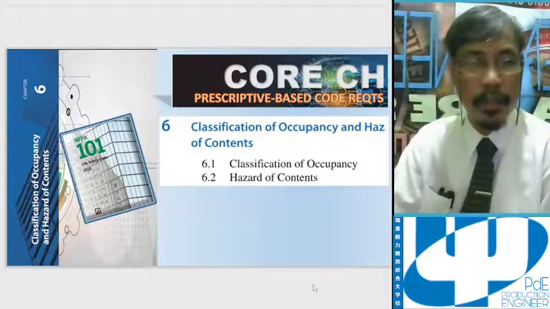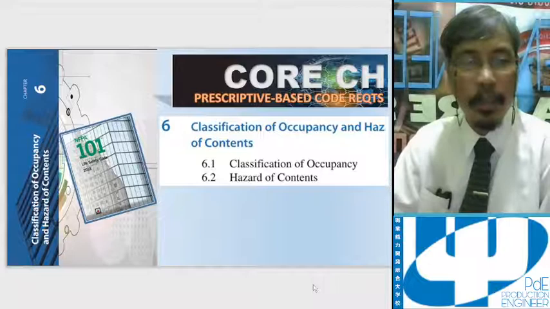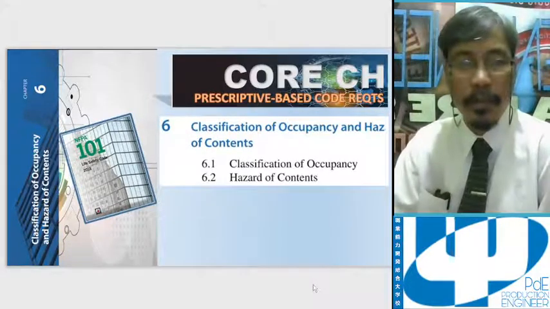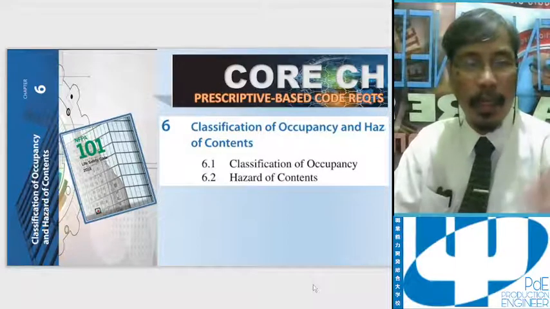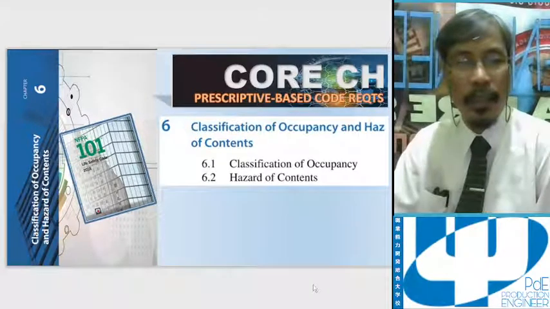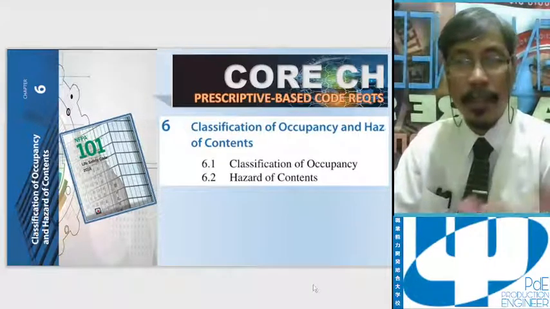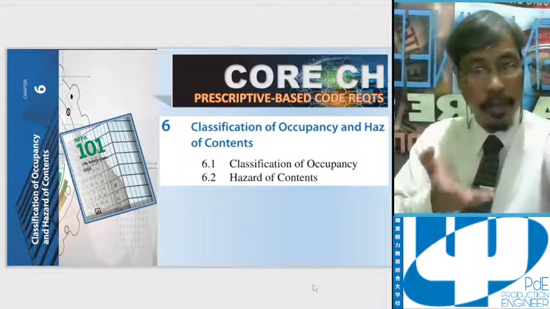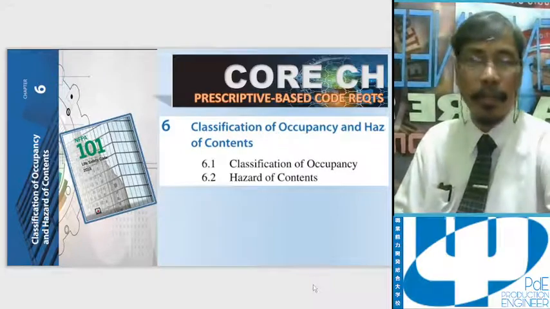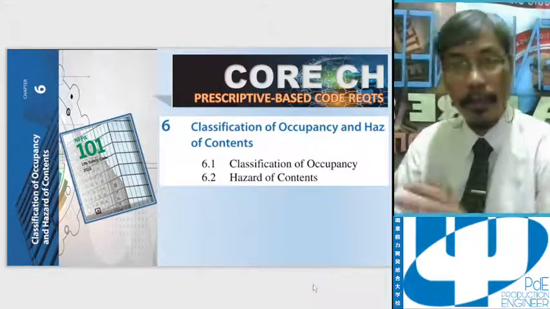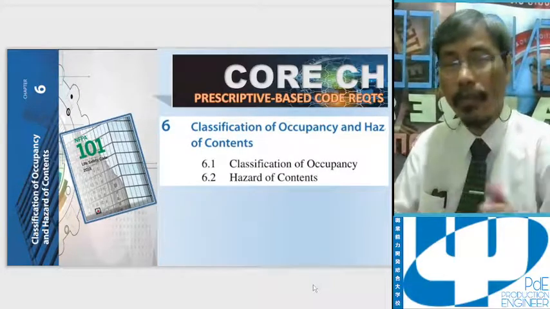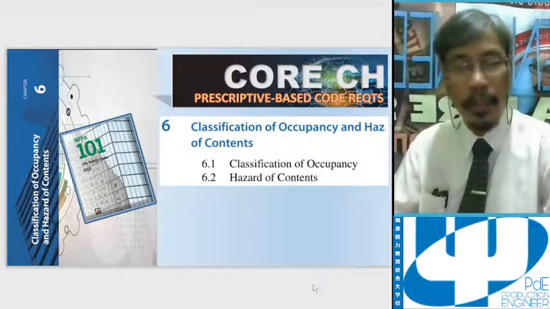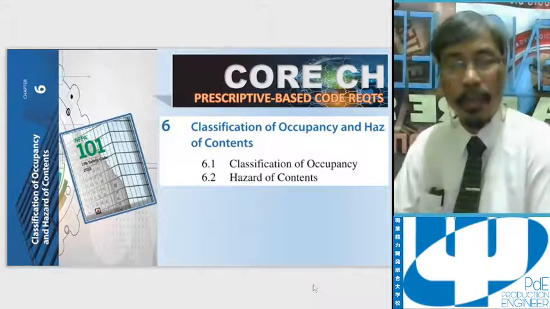So chapter 6, classification of occupancy and hazard of contents. There are 2 sections, occupancy classification and hazard of contents. Very specific. There are 2 sections, but this chapter is very long. It's one of the longest chapters.